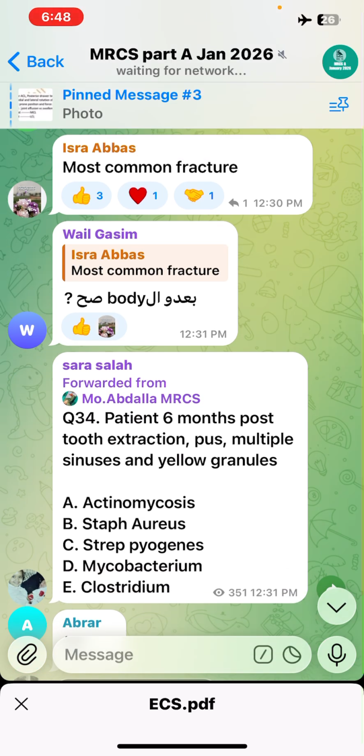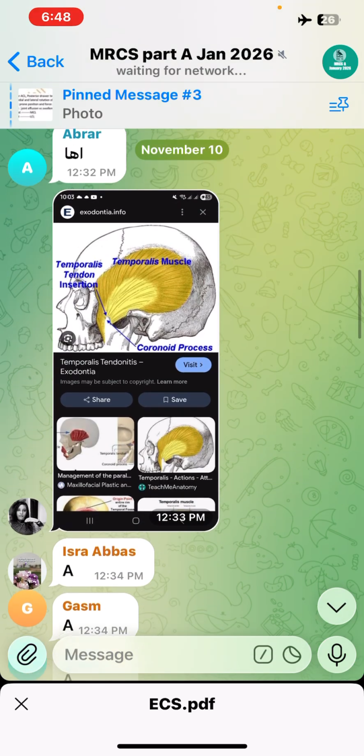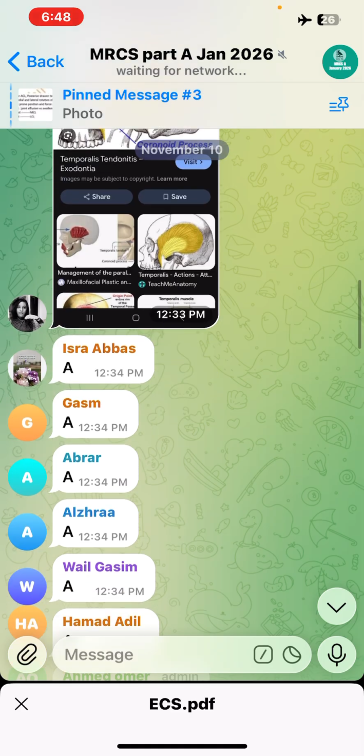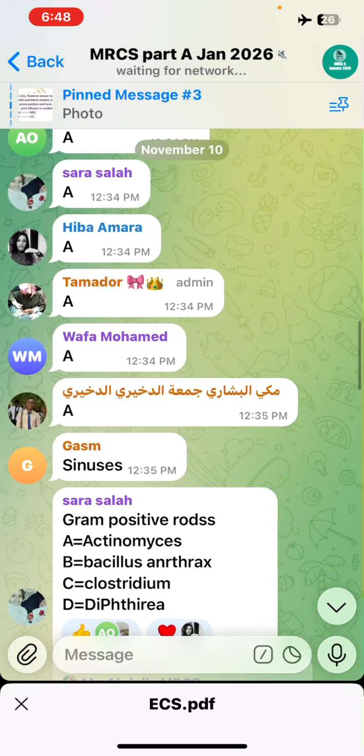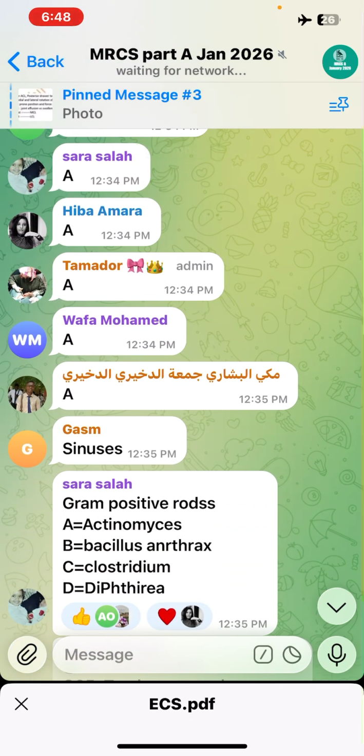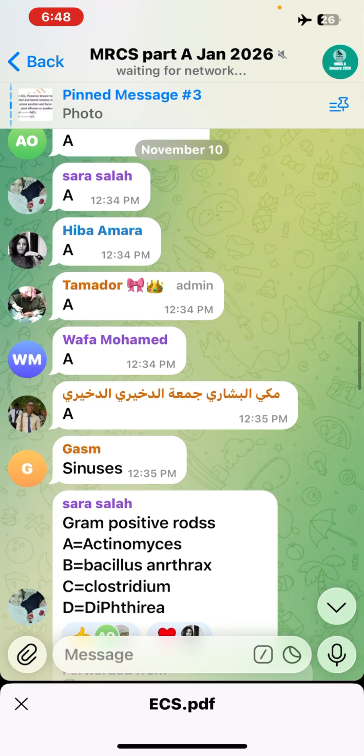Six-month patient post tooth extraction, multiple pus with sulfur granules. Gram positive rods, Actinomyces. No, this is microbiology. Rods are gram positive, gram negative, cocci and bacilli. These are bacilli. Now either Clostridium is cocci, diphtheria, Actinomyces, Bacillus.